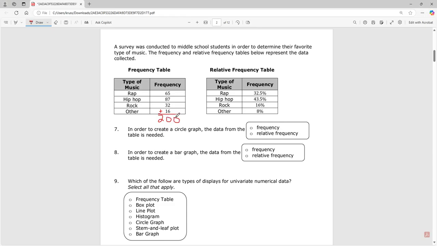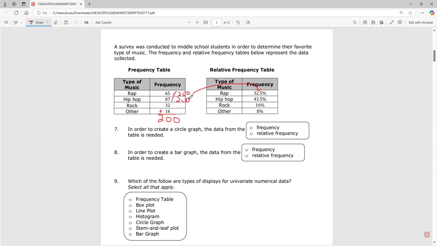All right, so now what is the percentage of each one of these? So if I do 65 divided by 200, I'm going to get 32.5. Right? So if I divide that by 200, I'm going to get the decimal equivalency of that percentage.